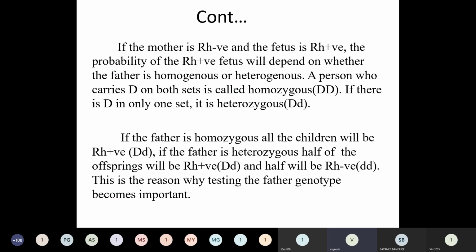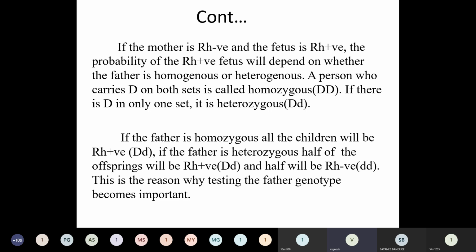So to explain it, if the mother is Rh negative and the fetus is Rh positive, the probability of an Rh positive fetus will depend on whether the father is homozygous or heterozygous, as I already showed you in the flow chart. A person who carries capital D on both sets is homozygous, and if there is only one capital D, then he is heterozygous.